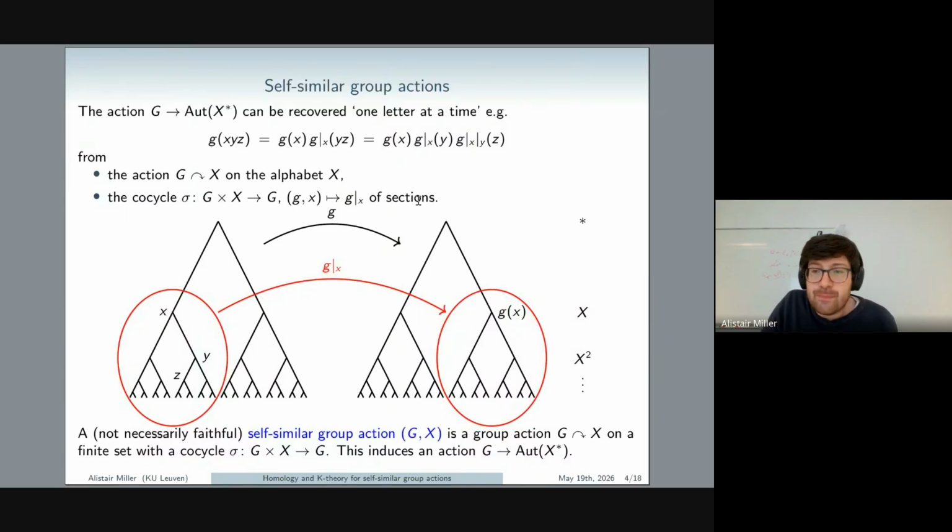Again, we can do the same procedure and we get an action of the group on the tree. So that's where the word action comes from in this definition. But really it's just this action on the finite set and the cocycle for that action. Okay. And we'll call it faithful if this induced action is faithful, so if this map includes into the automorphism group of the tree.